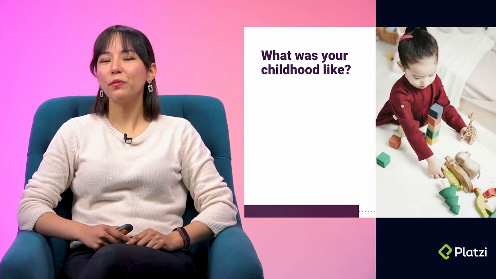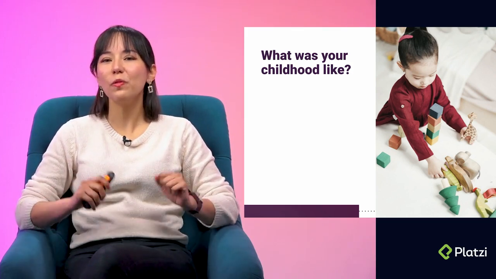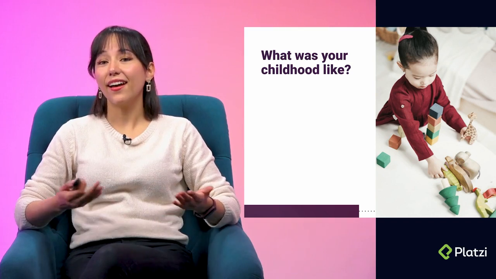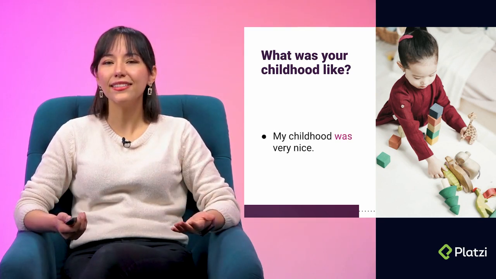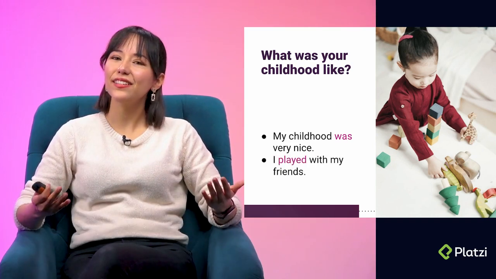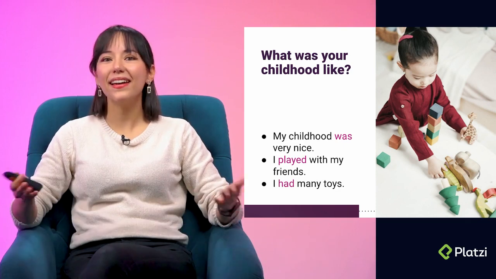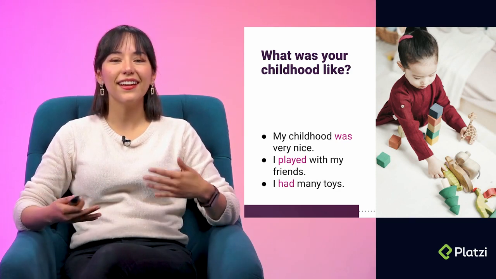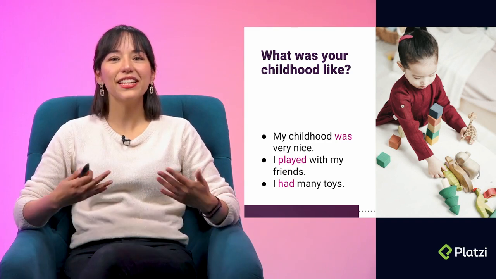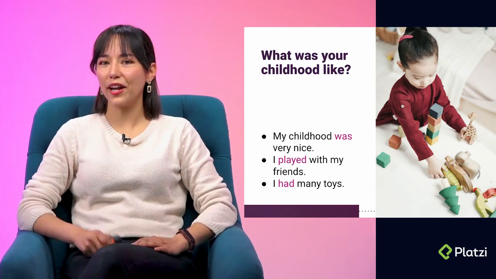Let's practice with more examples. How to answer this question, what was your childhood like? I can say, my childhood was very nice. I played with my friends. I had many toys. Look at how I'm using these regular and irregular verbs to give different examples, descriptions of my childhood.